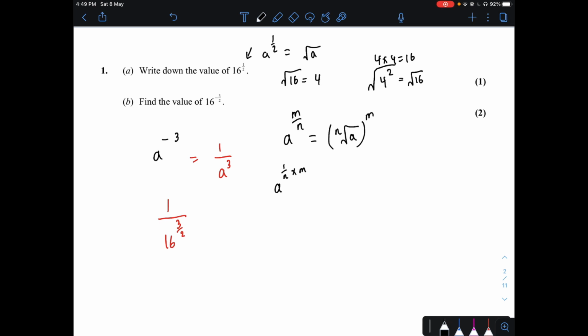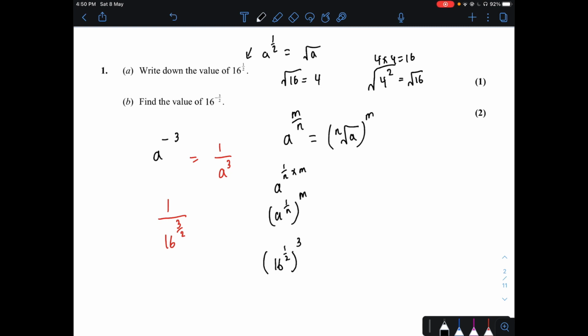This is the same thing as saying a to the power 1 over n, all raised to the power of m. Sorry, I meant to say we raise them to the power of m. Same thing here, so we'll just plug in the numbers. That will be 16 to the power half, all the way cubed.